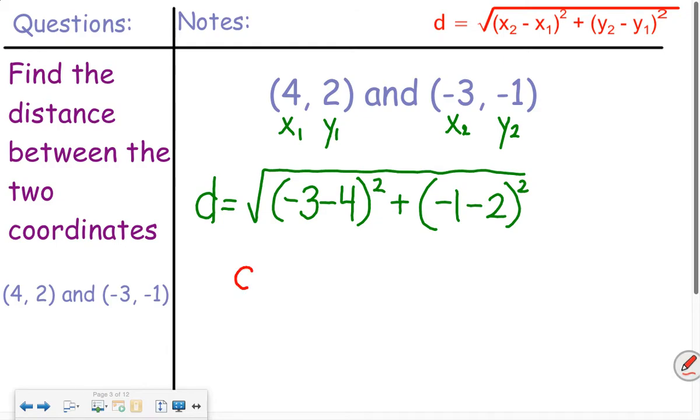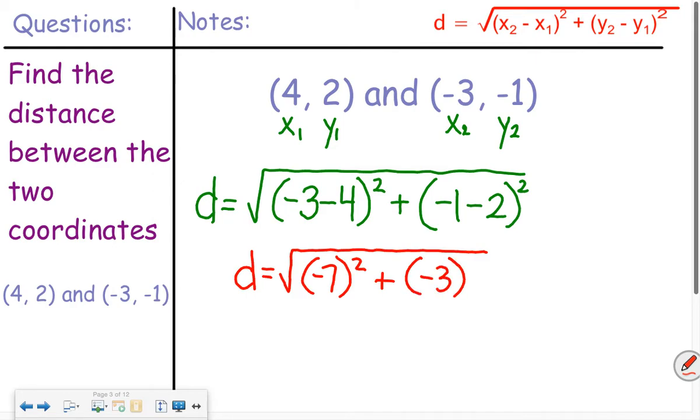All right, so then I'll do my parentheses, simplify those. So -3 minus 4 is -7. -1 minus 2 is -3.